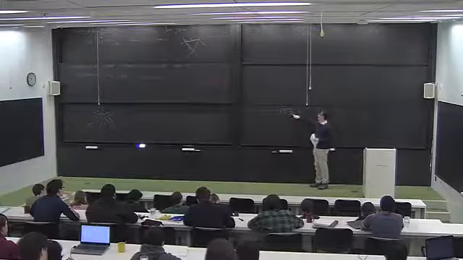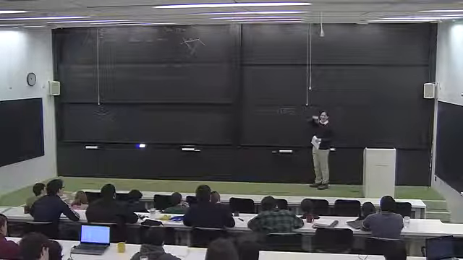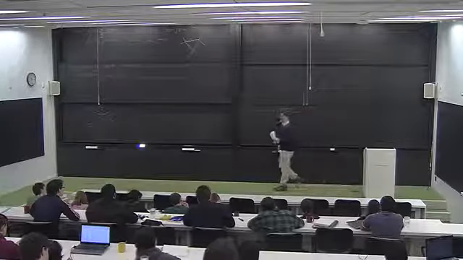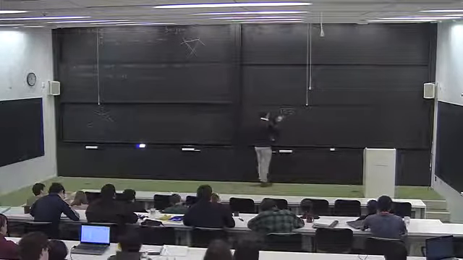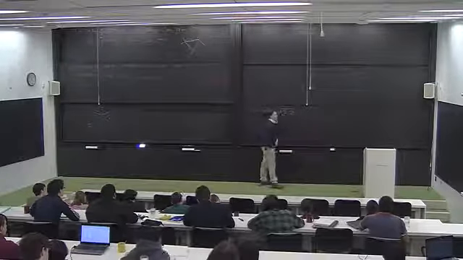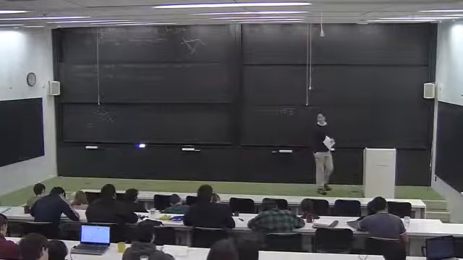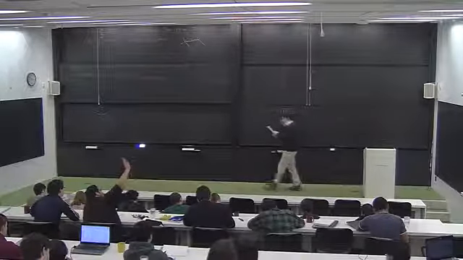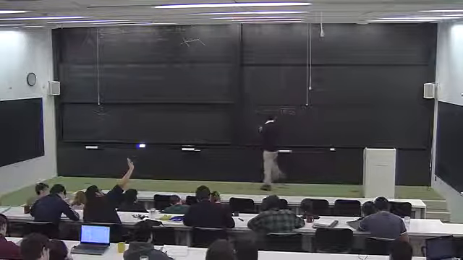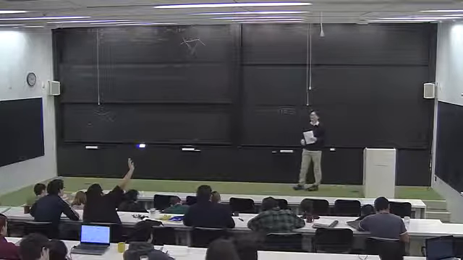This is the length element. And I integrate it over the line. And I guess I can pick my parameterization, so it runs from 0 to 1. I'm trying to study propagation from 2 points in space-time. Now, doing quantum mechanics with this, yes?